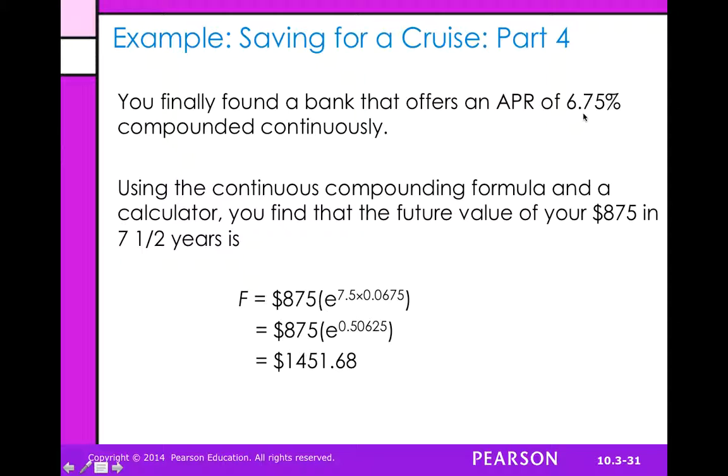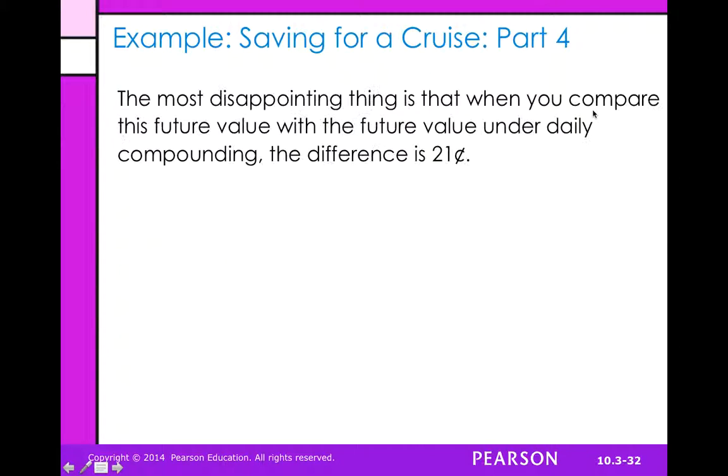So of course, if you find a bank that gives you a higher interest rate, or you are willing to let the money sit longer, then yeah, you can up this number. But given those two constraints, your $875 will turn into 1451.68 at the best. So your target was $2 grand. You cannot get $2 grand out of your $875, again, unless you're willing to find a higher APR somewhere.